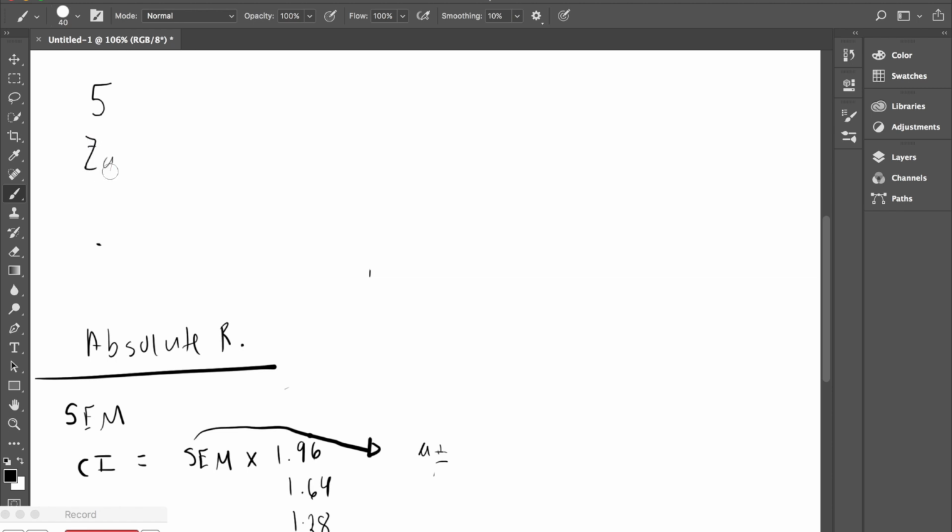So my z-score associated with that would be 1.96, and my standard error of measurement was, let's say, also 5. Right? Then my confidence interval is going to be 5 plus or minus 5 times 1.96. Right? And this is going to give me my lower boundary of my confidence interval and my upper boundary of the confidence interval, and whatever score that I get, right?